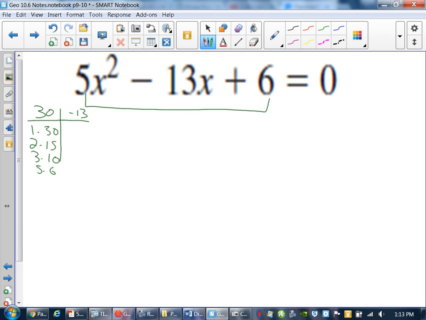So we know that it has to be negative 3 and negative 10. I do the exact same thing. When I set that up, I'm going to rewrite it as 5x squared minus 3x minus 10x, and then plus 6 is 0.